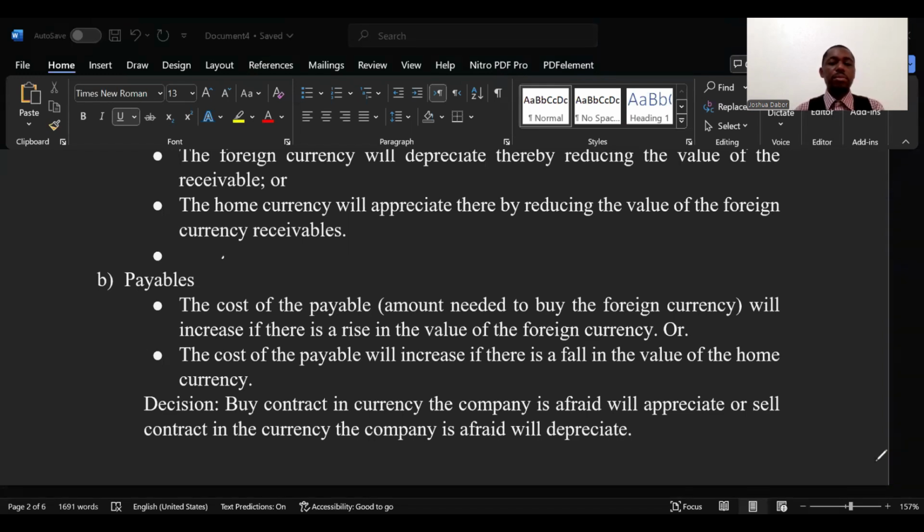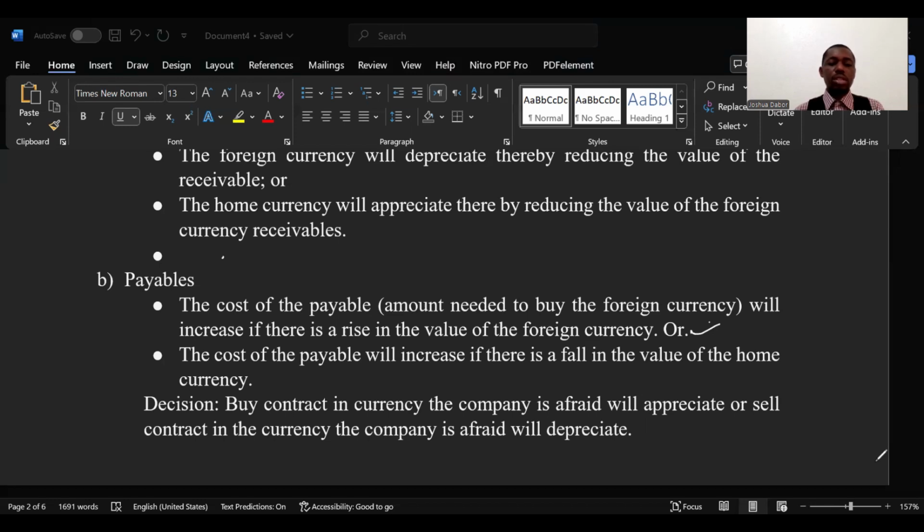For a payable, the cost of the payable is the amount of the foreign currency you need to make the payments. Your fear will be that the foreign currency may rise, may gain strength against the local currency. If that is the case, you want to buy the currency that you are afraid will rise in the future. So for the payable, you want to buy the foreign currency.